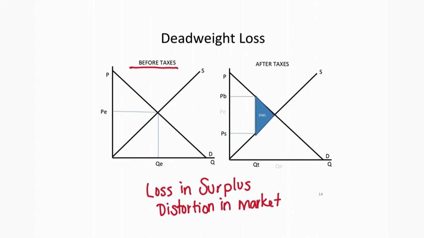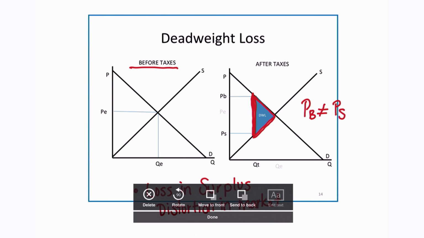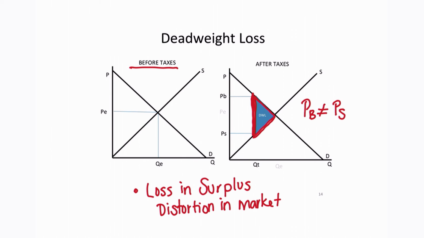The price for buyers and sellers is the same at PE. After the tax is imposed, because there is a tax wedge and the price for the buyers does not equal the price for the sellers, we have a distortion in the market. This triangle here is what we call the deadweight loss, or the loss in surplus that society experiences when the market cannot reach equilibrium.